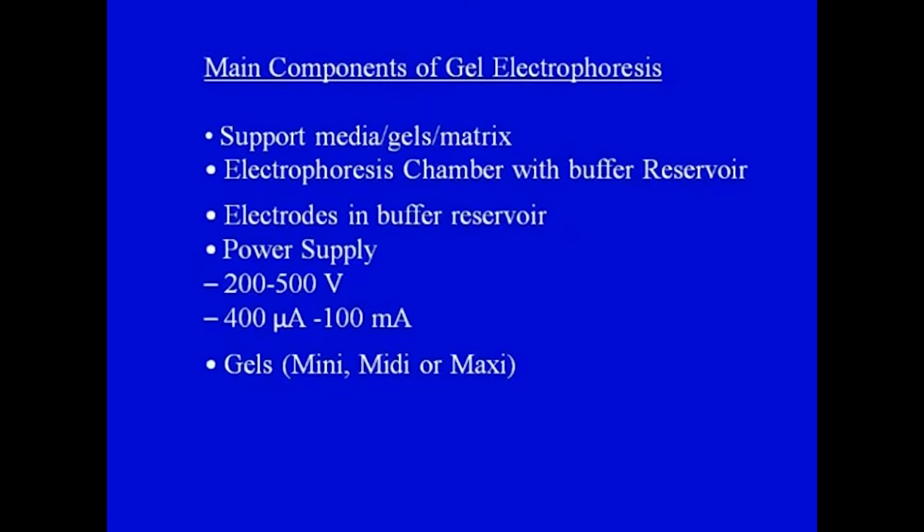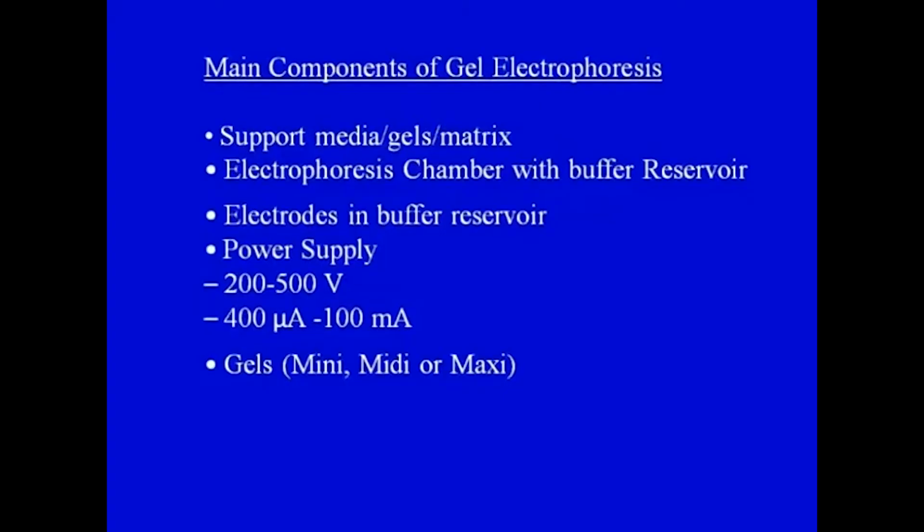The power supply could give you 200 to 500 volts, or say 400 microampere to 100 milliampere. So, these are the essential components of a gel electrophoresis apparatus: the electrophoretic apparatus, power supply and the gels.